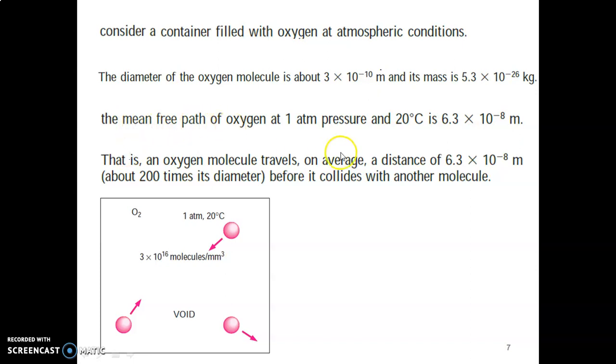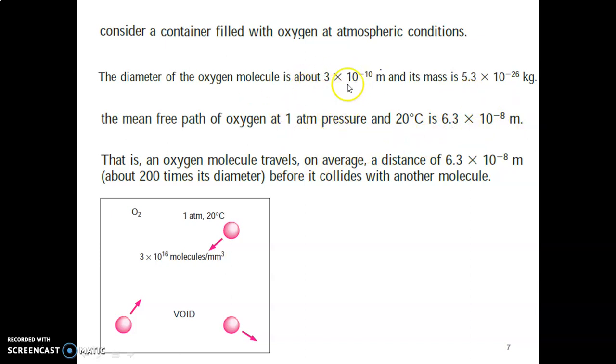Okay, so that value will be considered as a constant value. So in the case of oxygen, the mean free path between 2 consecutive collisions will be 6.3 into 10 raised to minus 8. Now let us compare this value with the oxygen molecule diameter.